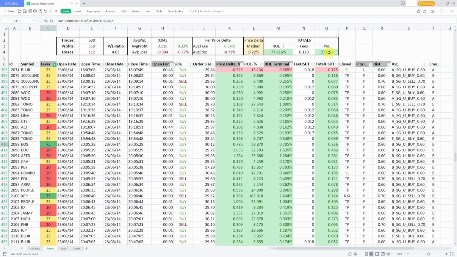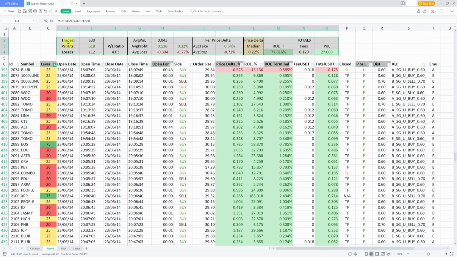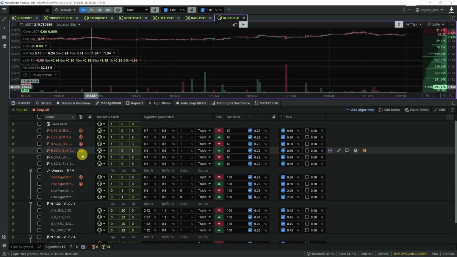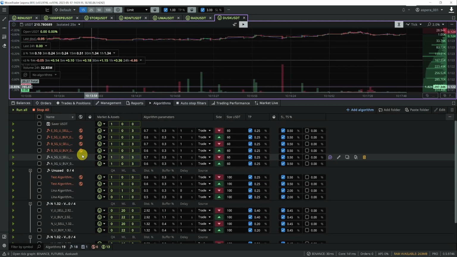In the next video, I will explain to you this top part right here, which is what I'm most proud of. And I'll walk through this step by step. And then based on this, we will be able to make some decisions, or I will be able to make some decisions on what to do next with my algorithms that are currently sleeping, not doing anything, and I think they're quite sad at this point.